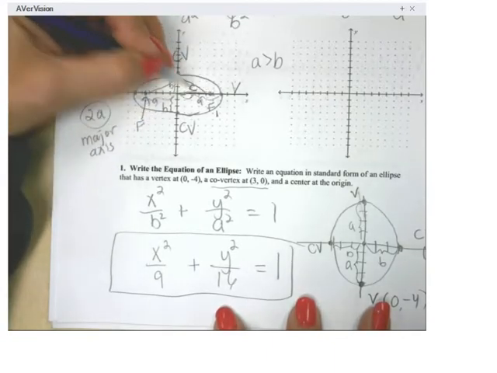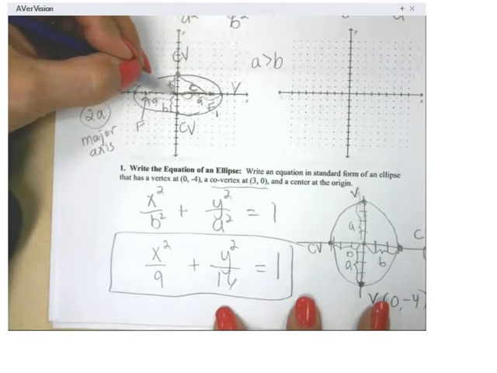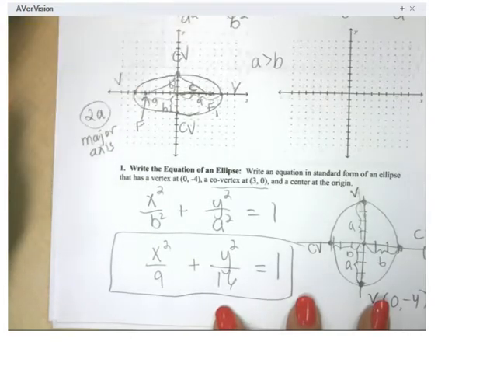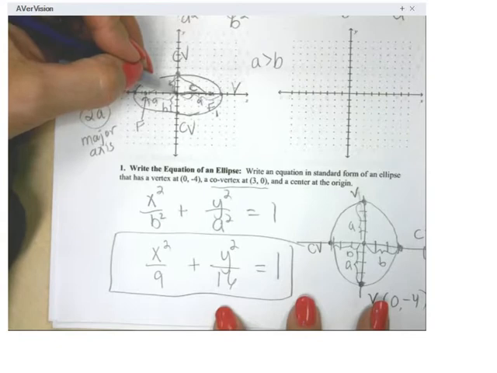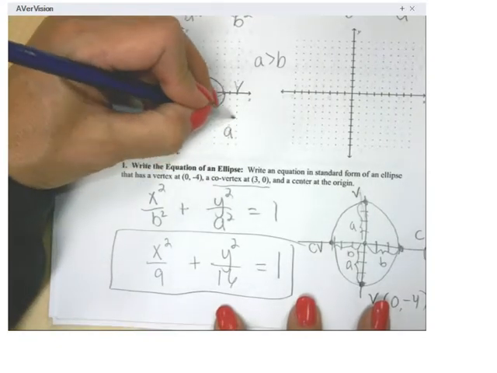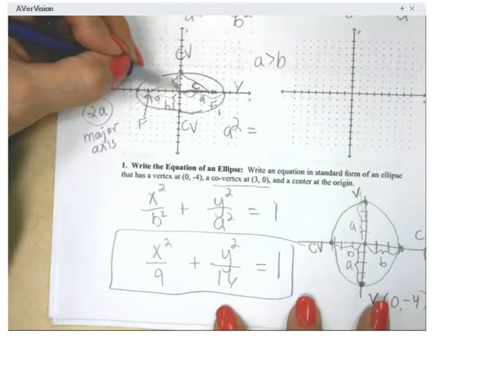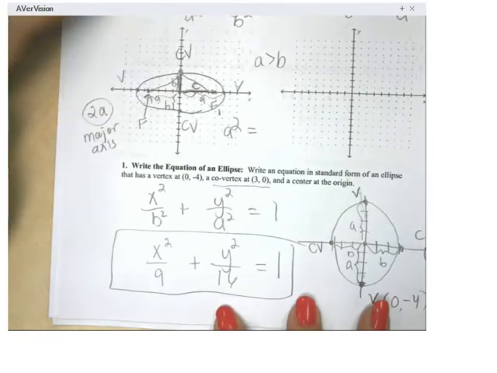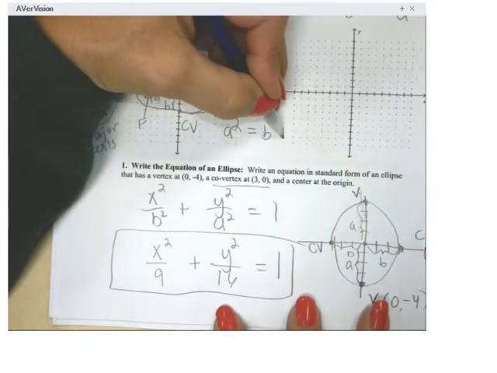And we call this distance c. The distance from the center to the focus is called c. And it ends up being true that a squared equals b squared plus c squared.